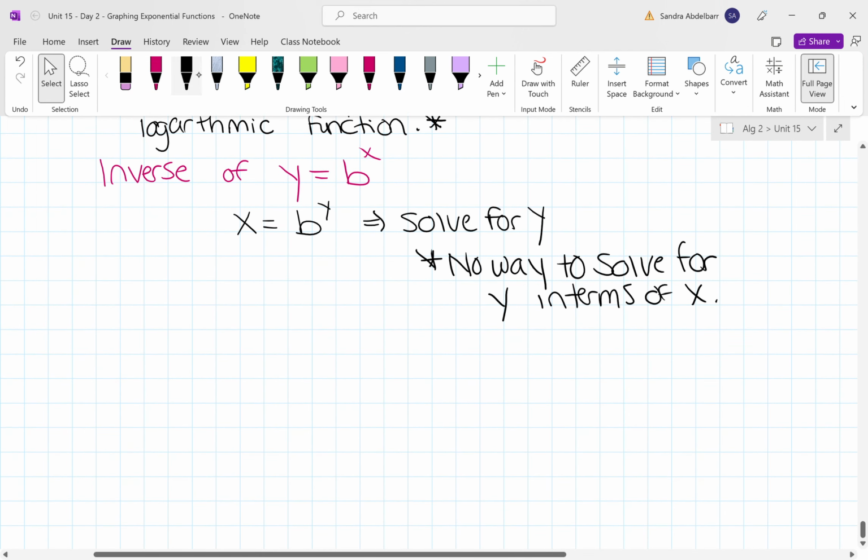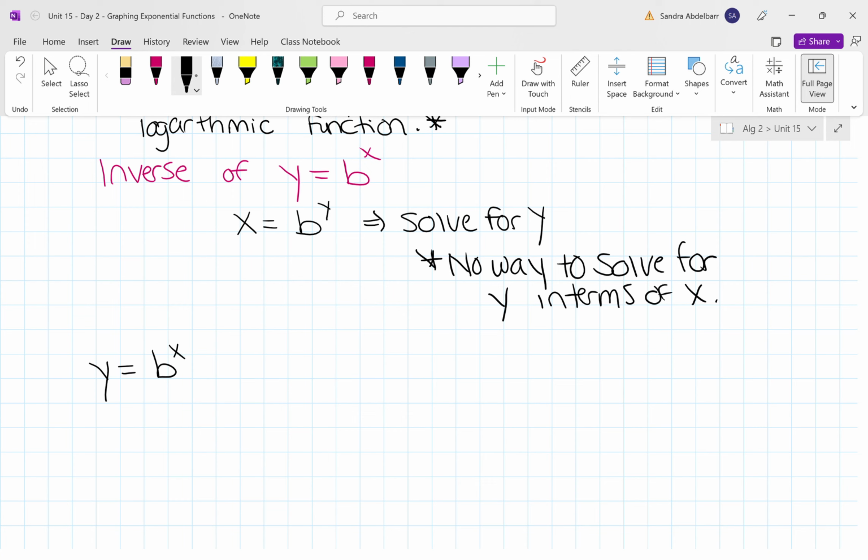So if I have y equals b to the x, this is the exponential. We're going to go to the log version of it. What would be the log version of y equals b to the x?